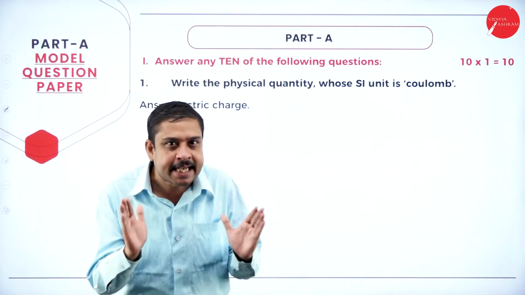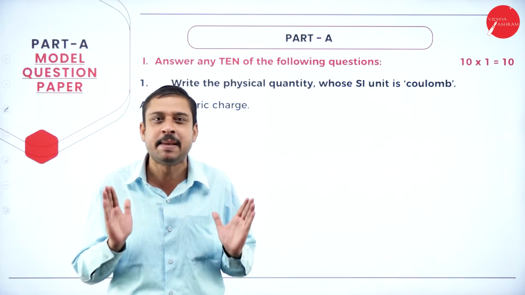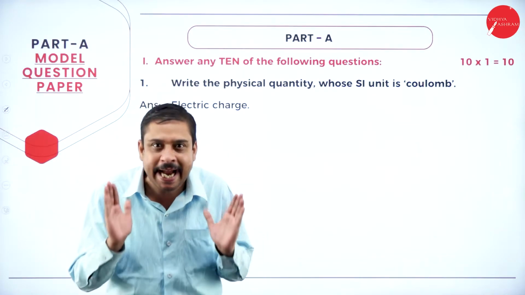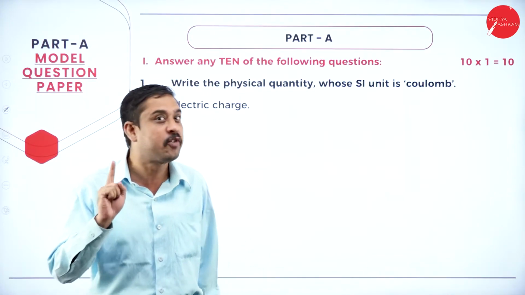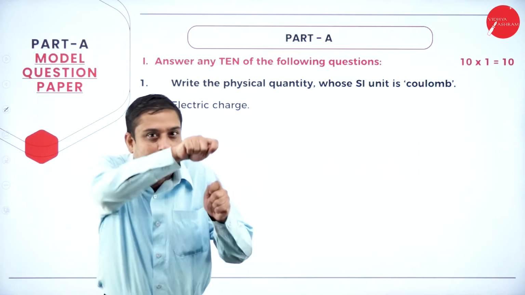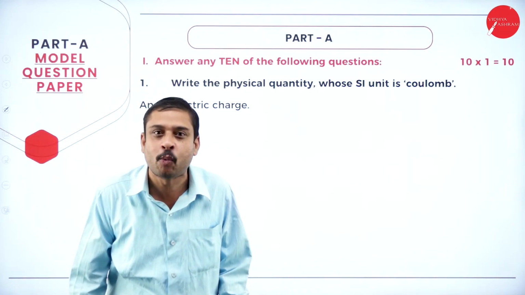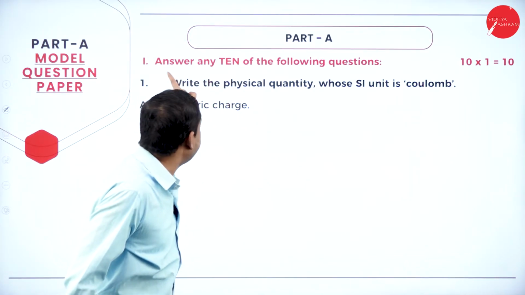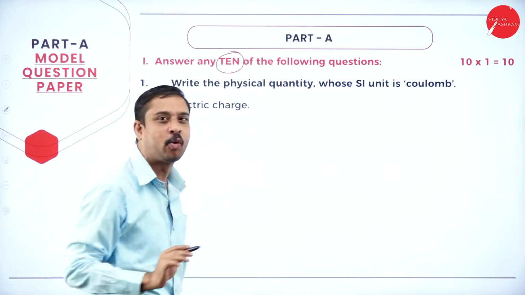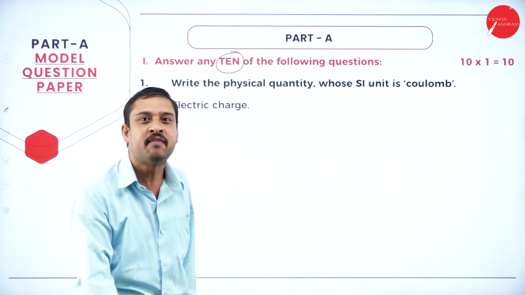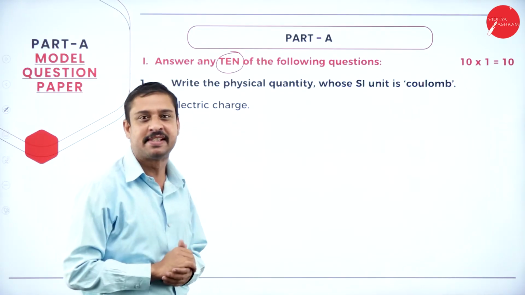So part A, students, where you have to answer in simple words or statements, no essay type solutions, and you have to be skillful enough to bisect the question here. There will be 15 questions given and you can answer any 10 of the following questions. So I have the liberty to opt out of 5 questions here.